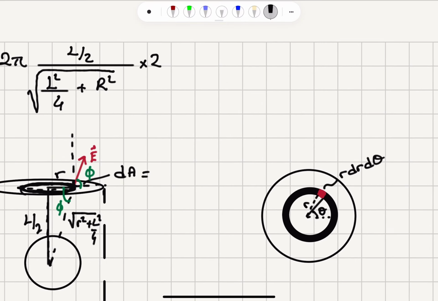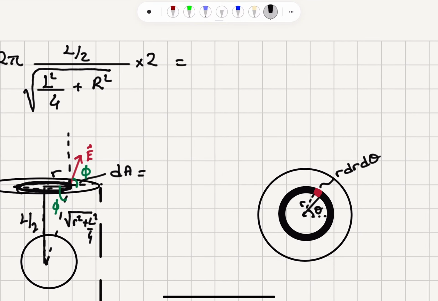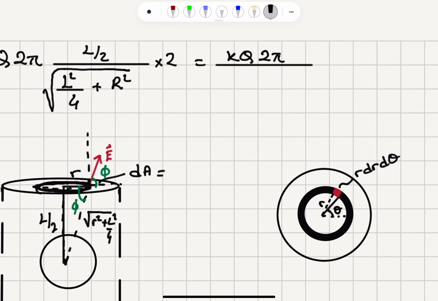So this gives me kQ 2π L over the square root of (L squared plus 4R squared) over 4. So that's basically coming on top as multiplication by 2.